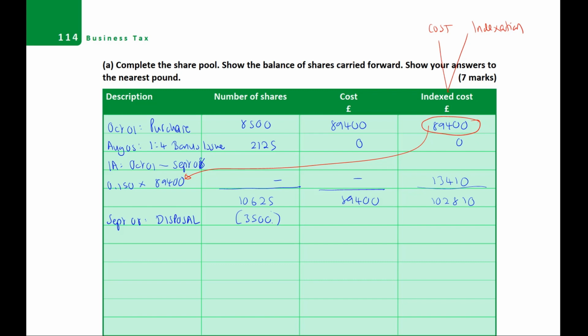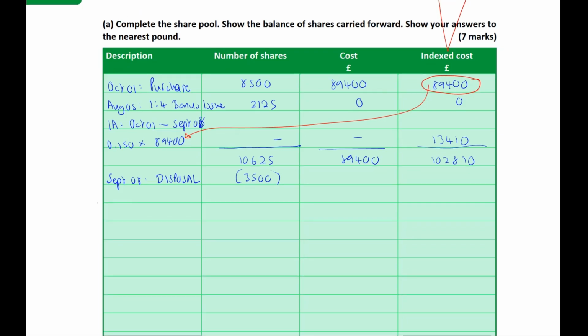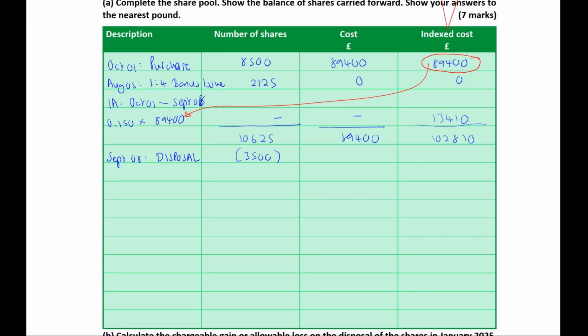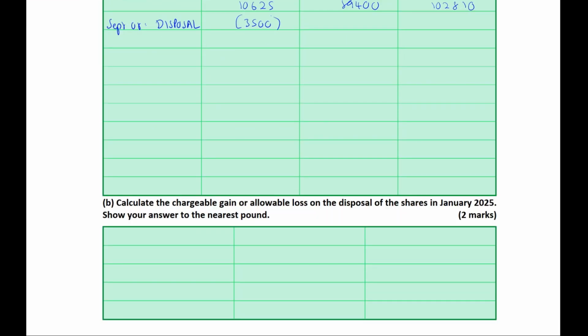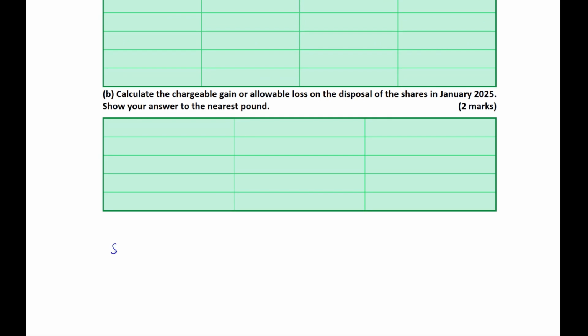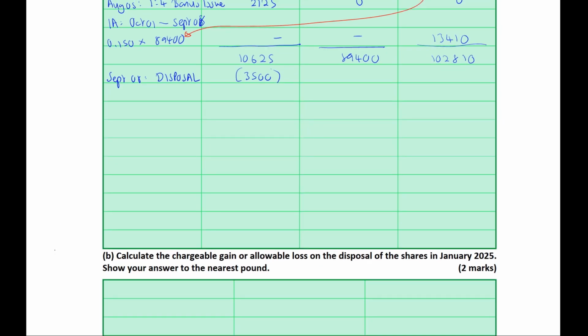So 3,500 shares have been disposed of. I now need to dispose of the equivalent cost of 3,500 shares and the equivalent index cost of those same things. So in September 08, a couple of different approaches to this.